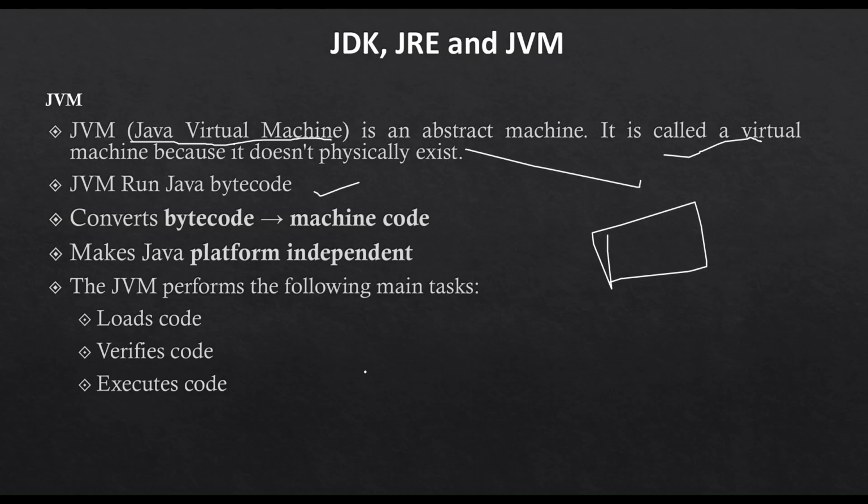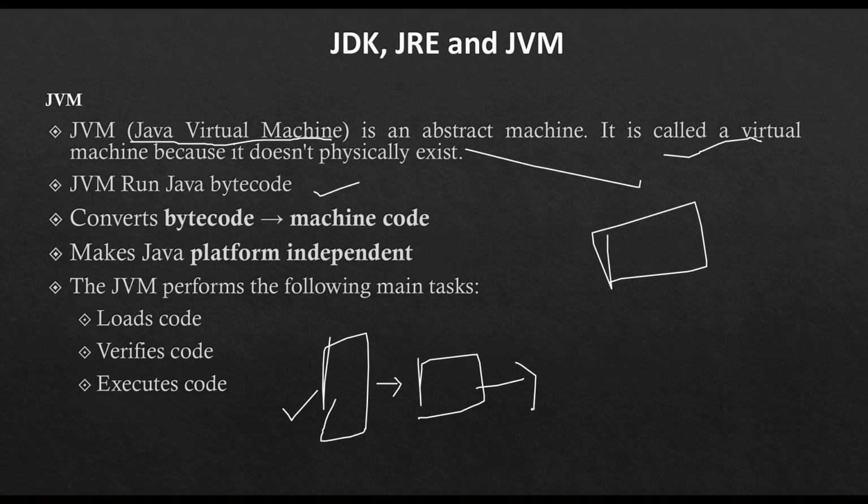In the first stage, whenever you write code, this is your source code. The compiler converts this code into bytecode.